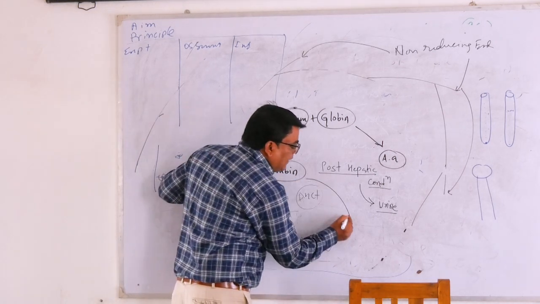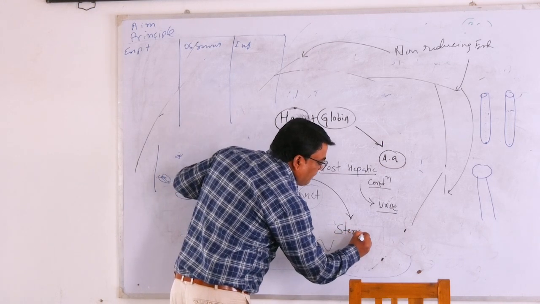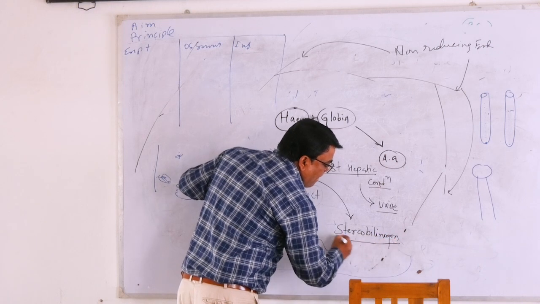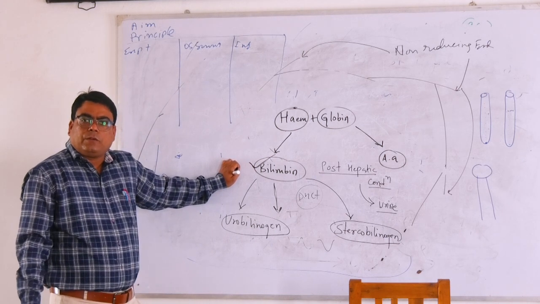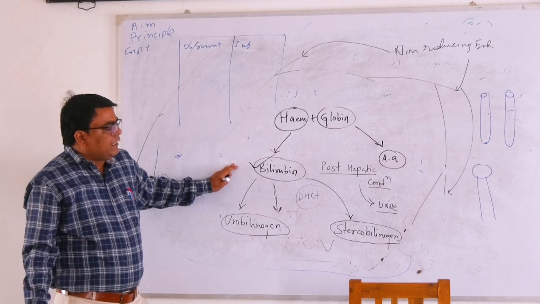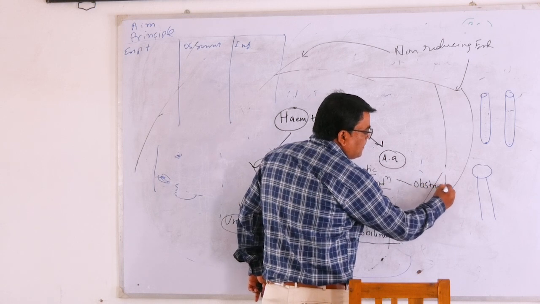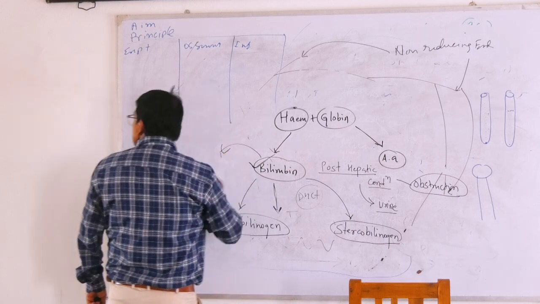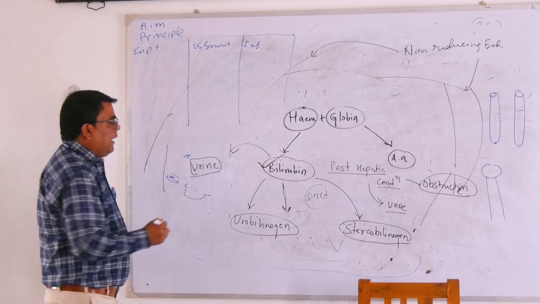Some amount is excreted in the feces in the form of stercobilinogen. But during post-hepatic condition, during obstruction, bilirubin is directly excreted in the urine.